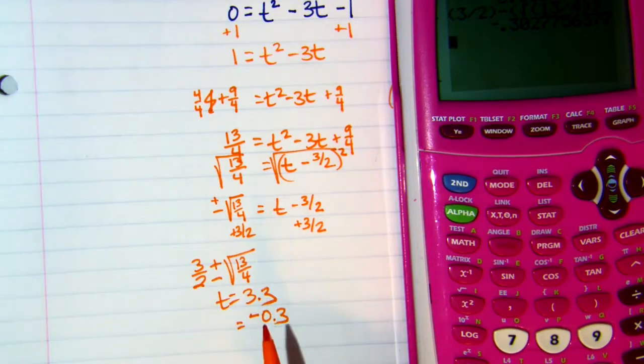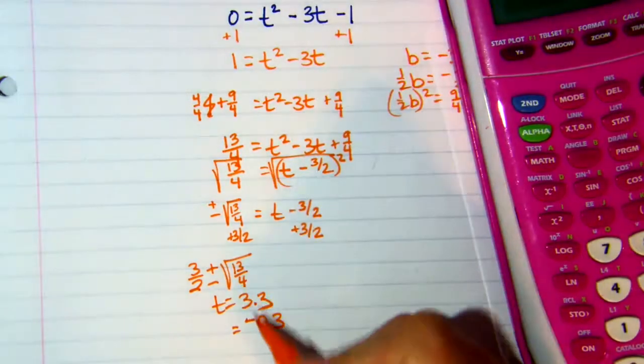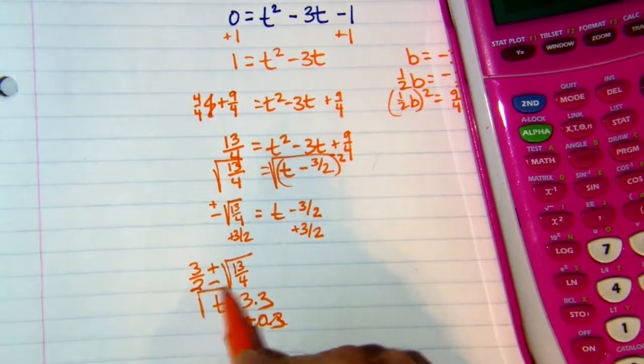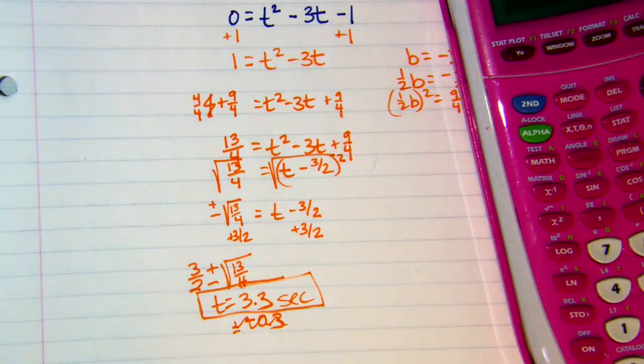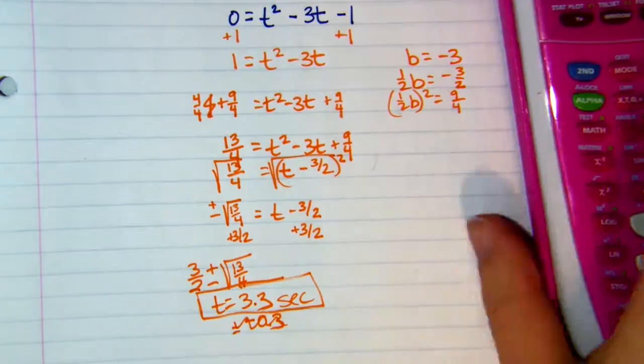Now, I think back to my situation though. Does it make any sense to have negative time? No, it doesn't. So that means my only solution really is t equals 3.3 seconds. So there's only one solution here. So that is how I'm going to solve these real world problems.